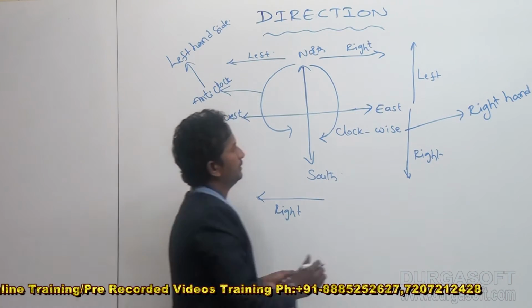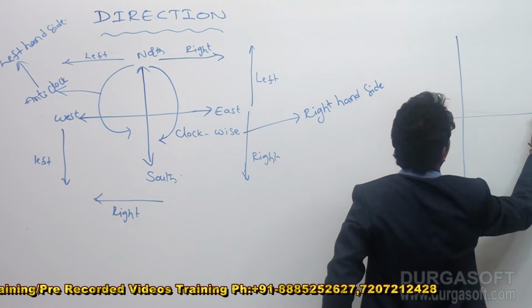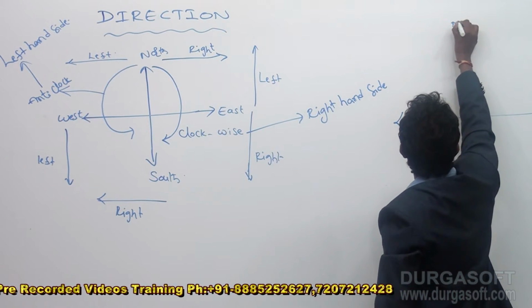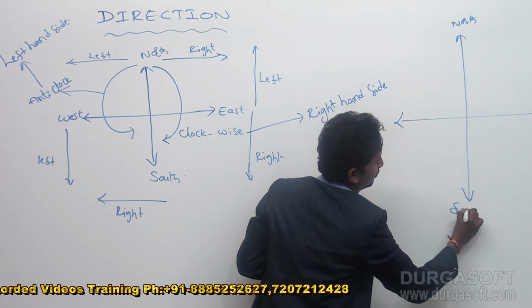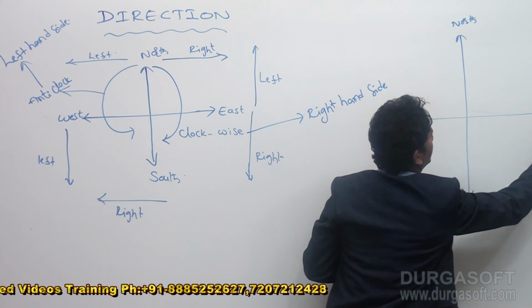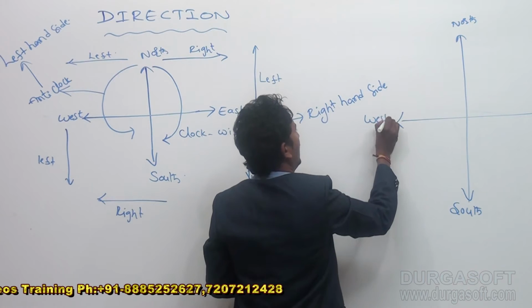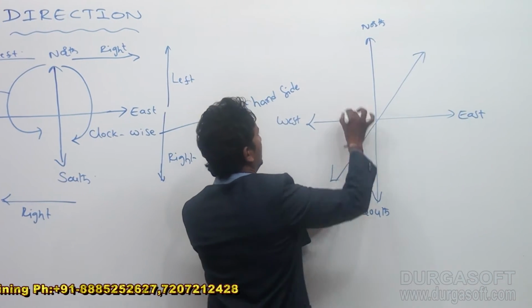Now again I am taking the same directions, north and south, and east and west. Again, directions are derived in between the places.